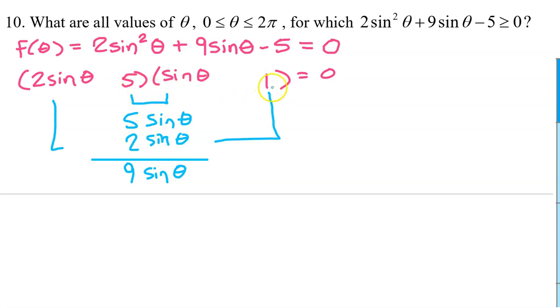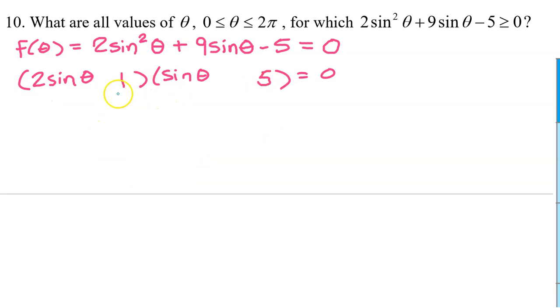So I'm going to switch these and put the 1 first and the 5 second. Let's check again. Inner, we have 1 sine theta. Outer, we have 10 sine theta when you multiply. Inner plus outer must equal a middle of 9 sine theta.